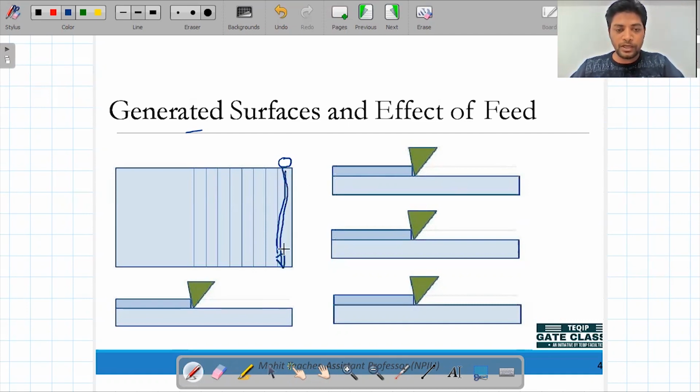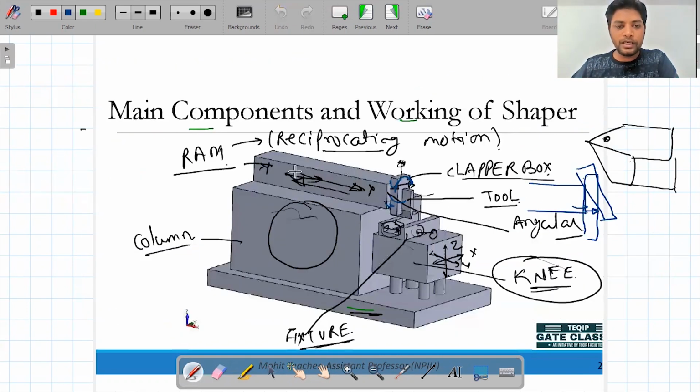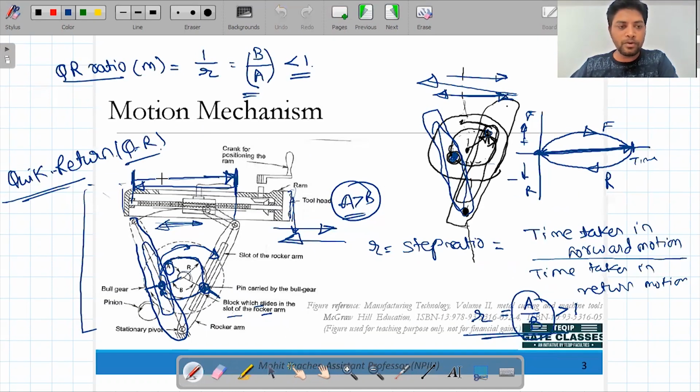In a reciprocating motion, the maximum feed is fixed. If you fix it initially here, it can rotate from here and reach up to here. So this can cover only this much maximum length by this machine.